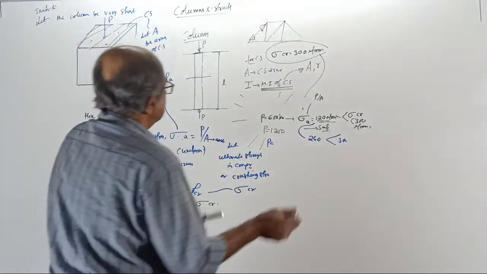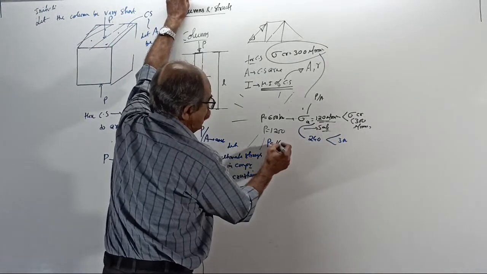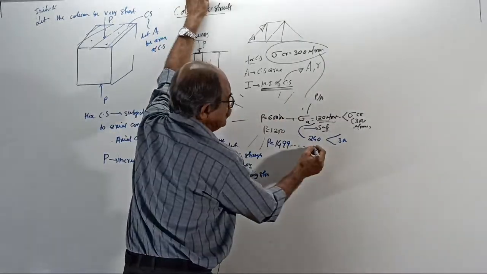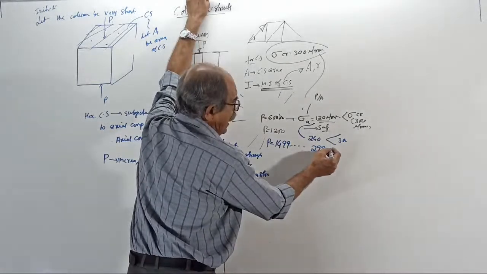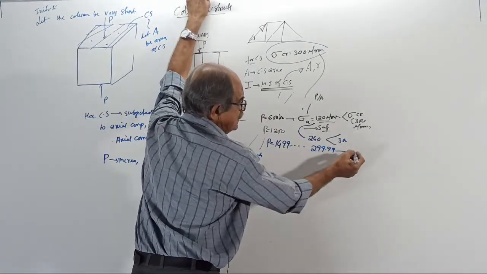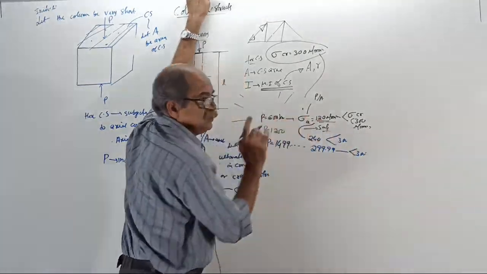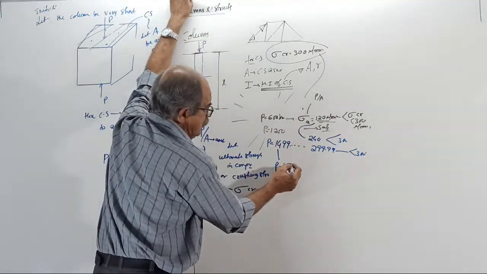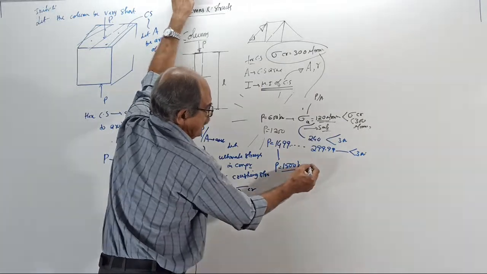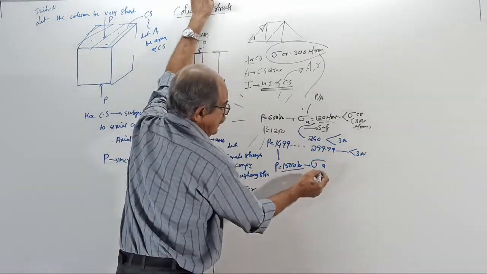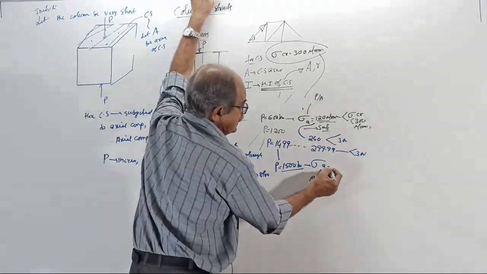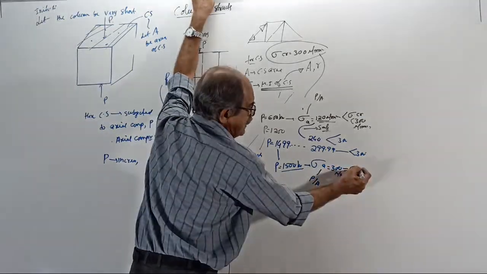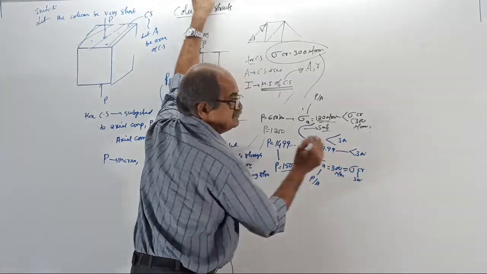Okay, suppose the load is 1499 point something. The stress will reach 299.99, still less than 300. Finally, when the load reaches 1500 kilonewton, the stress developed, P by A, reaches 300 Newton per mm square, equal to the crushing strength of 300.